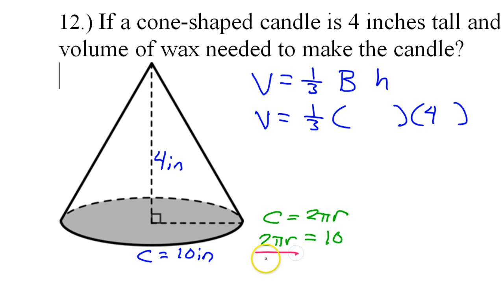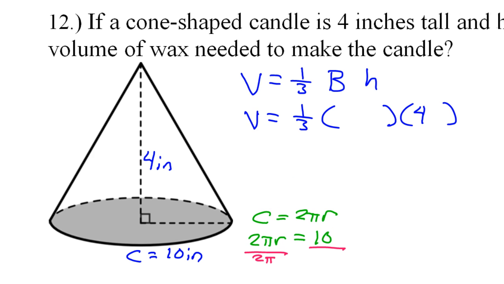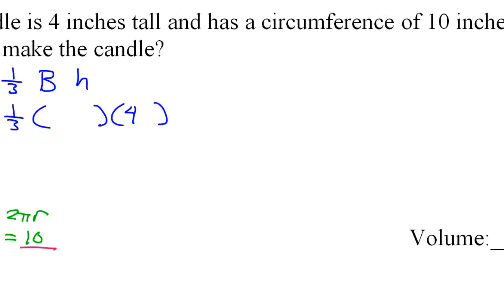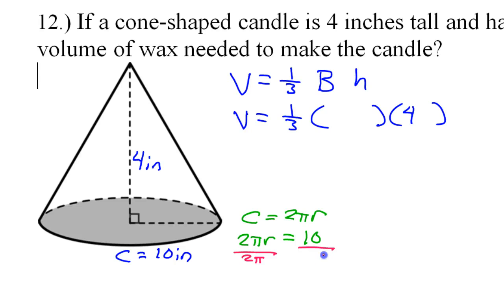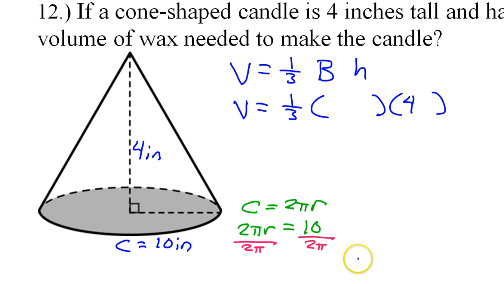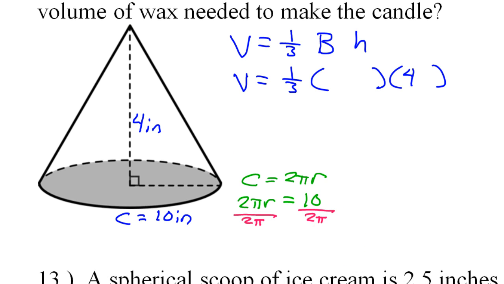So if we divide both sides by 2 pi, just to make sure, they said the circumference is 10, not 10 pi, just 10. So this is 10 over 2 pi. Okay, so this should give us what the radius is.